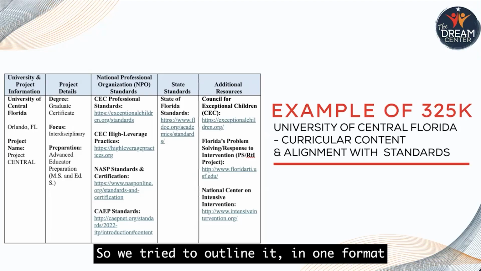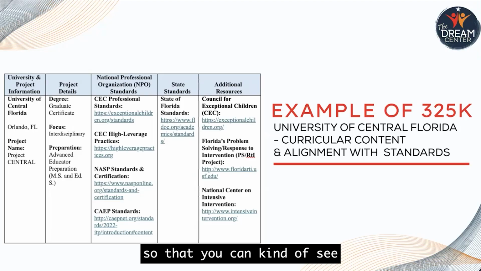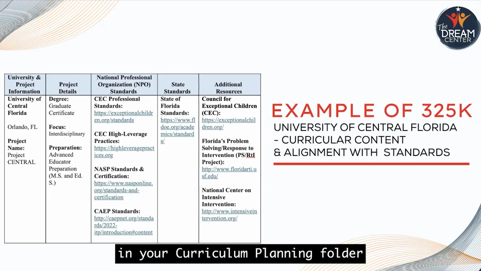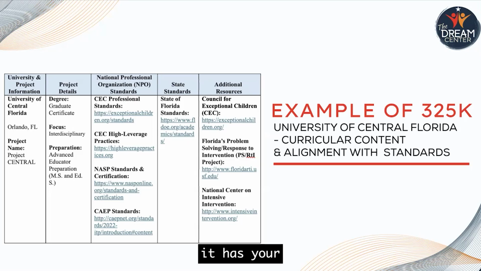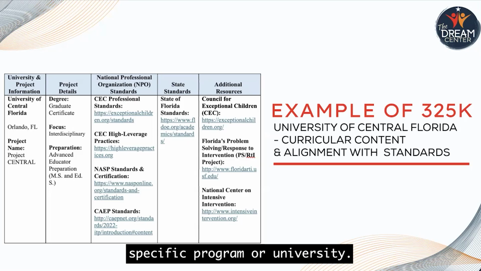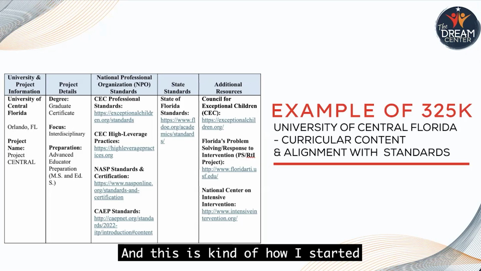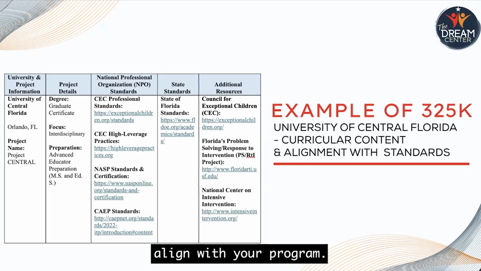So we tried to outline it in one format so that you can see them all in one piece to then start building this cohesion between all of them, right? So each of you has received in your curriculum planning folder within the Dream On portal your specific program, your university. And this is how I started digging into what standards align with your program.